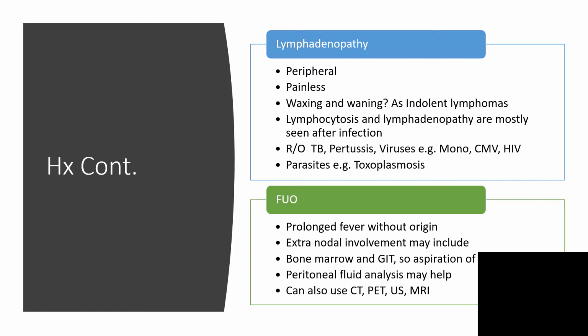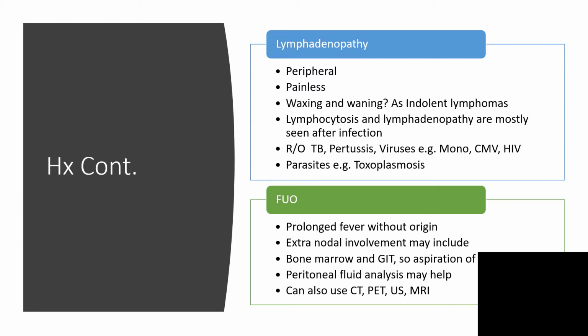So, other peripheral lymphadenopathy that will be painless, waxing and waning, as in indolent lymphomas, or lymphocytosis and lymphadenopathy, are mostly seen after infection. You have to rule out tuberculosis, so history of contact or history of tuberculosis in the patient or the environment the person is living or working.